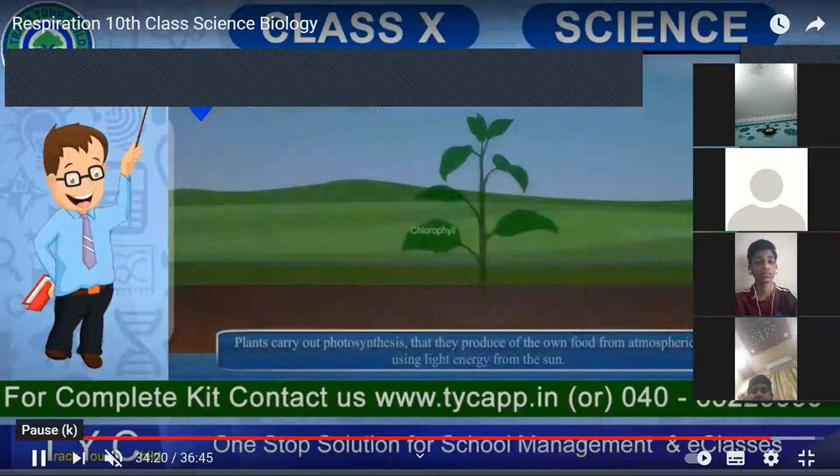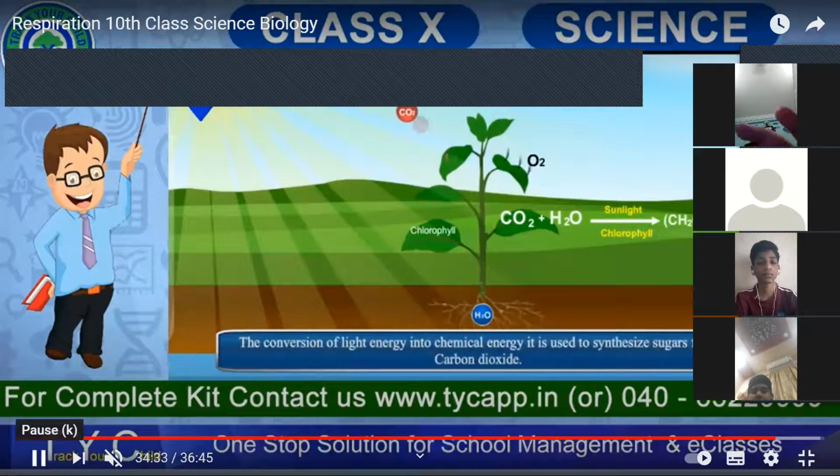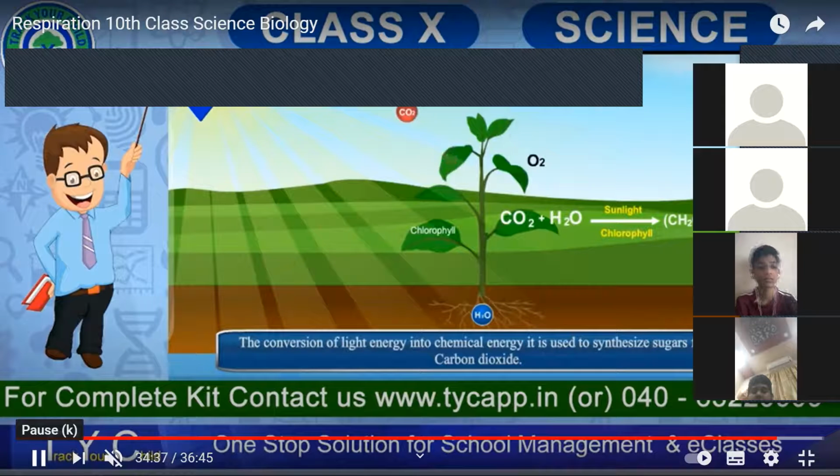Now, what is the difference between photosynthesis and respiration? Let us see. Plants carry out photosynthesis, that is, they produce their own food from atmospheric carbon dioxide using light energy from the sunlight. This conversion of light energy into chemical energy is used to synthesize sugars from carbon dioxide.